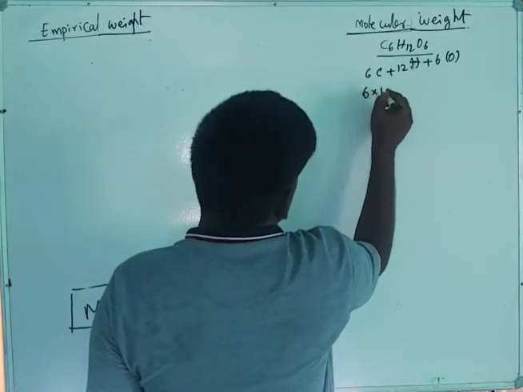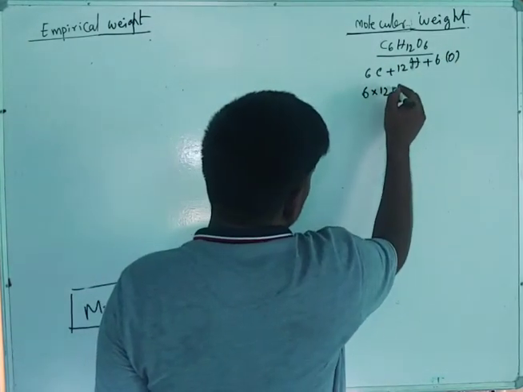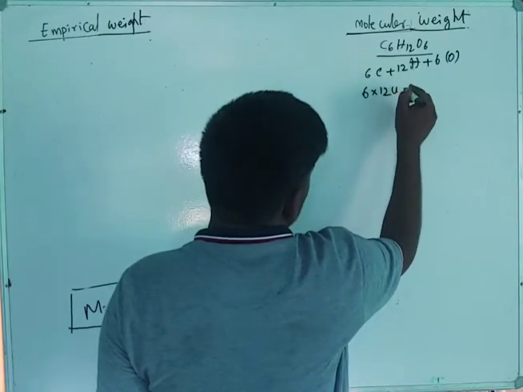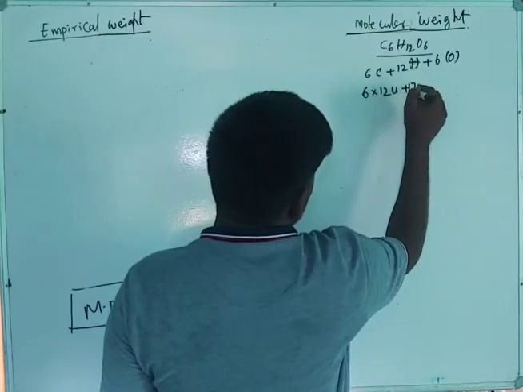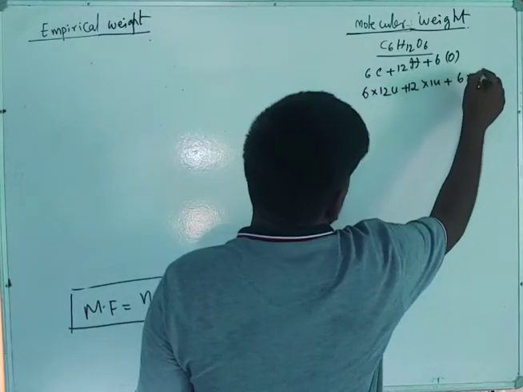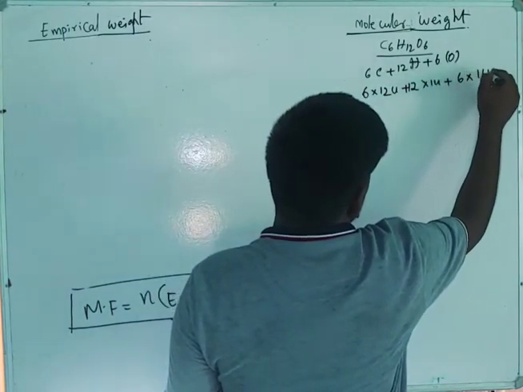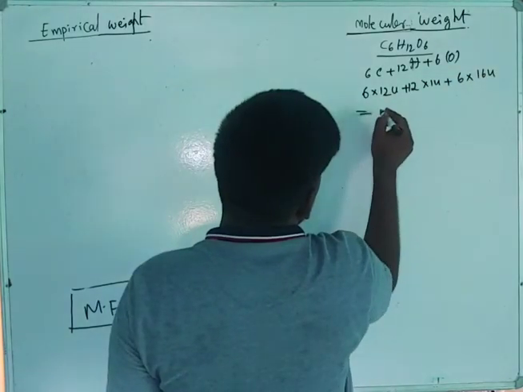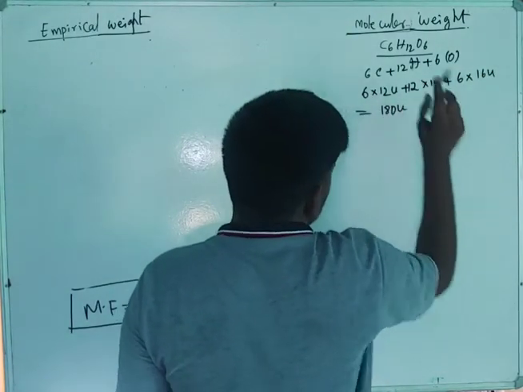So 6 into 12, 12 is the atomic weight of carbon, or you can take a unit also, unified mass. And 12 into hydrogen mass is 1 U. And 6 into oxygen mass is 16 U. So if you simplify this one, you can get 180.